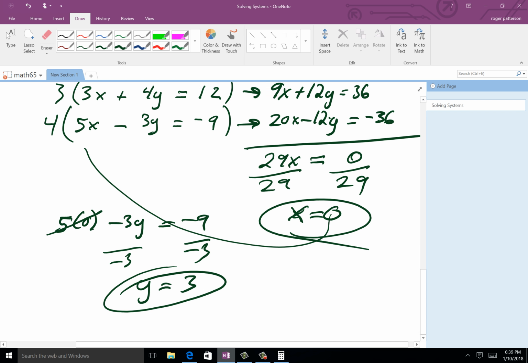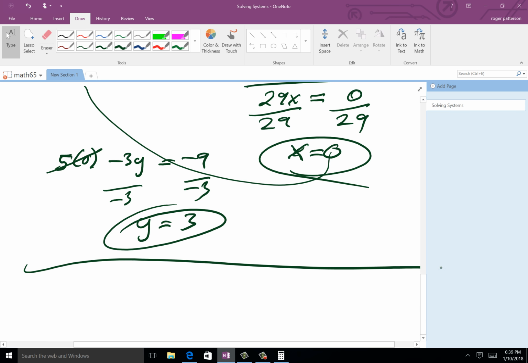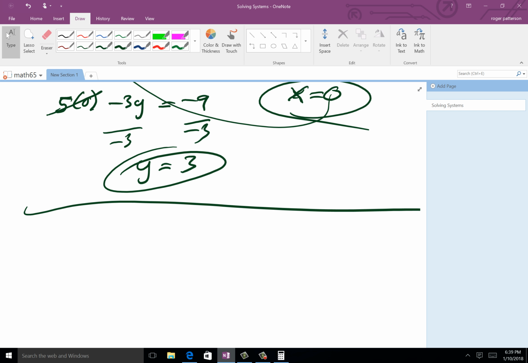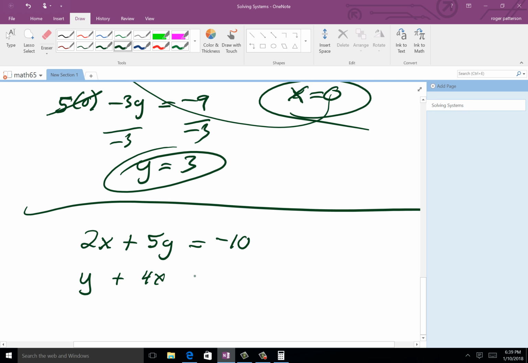Be careful of a couple of things. One, you might see something like this. I'm probably not going to do this problem, but I want to show it to you. Something like this, where, see how they put the y here, and they're not lined up?